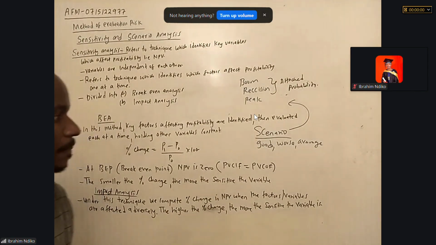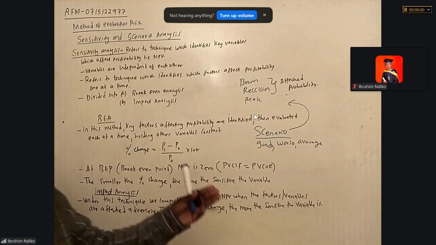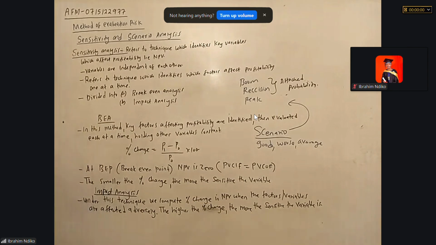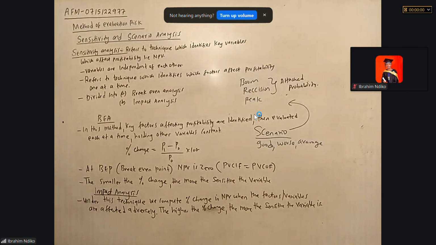The base is what is affecting us now. Then from the base, we can have either worse or good. So that is what it means when we talk about scenarios. We can have different scenarios in an economy. You can have scenario 1, scenario 2, or scenario 3. We can have good, worse, or average, or you can have boom, recession, or peak.